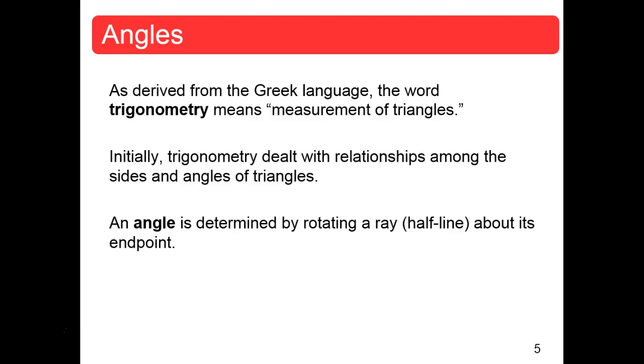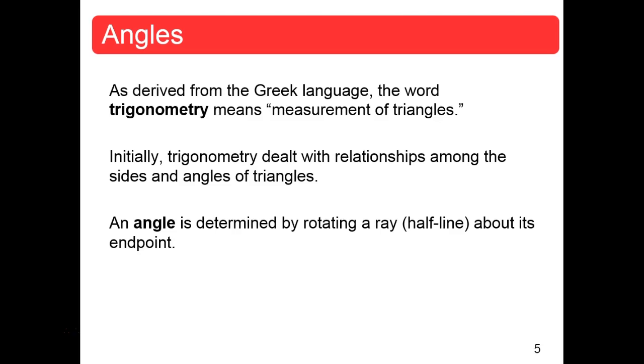That's what we call a ray. Okay? Now, what we're going to do with that ray is rotate. Up, down, side, wherever. You're changing the orientation of that. Okay? That's what we mean by rotating a ray or a half line about its endpoint.